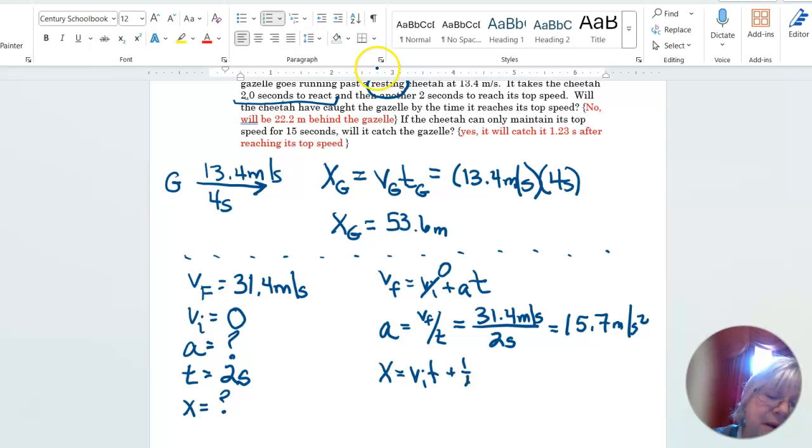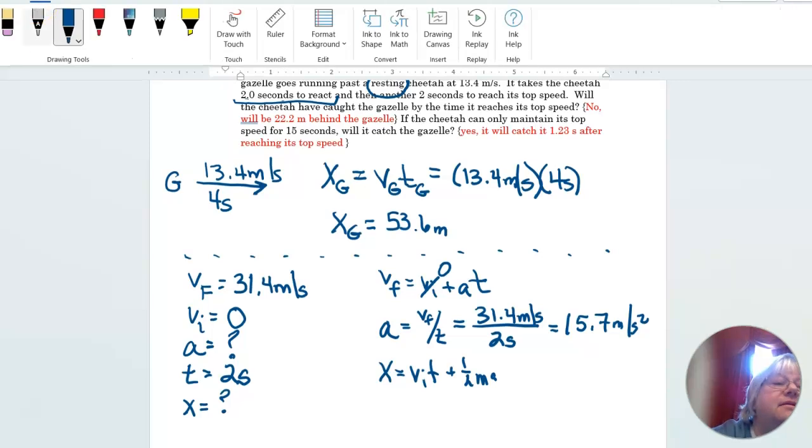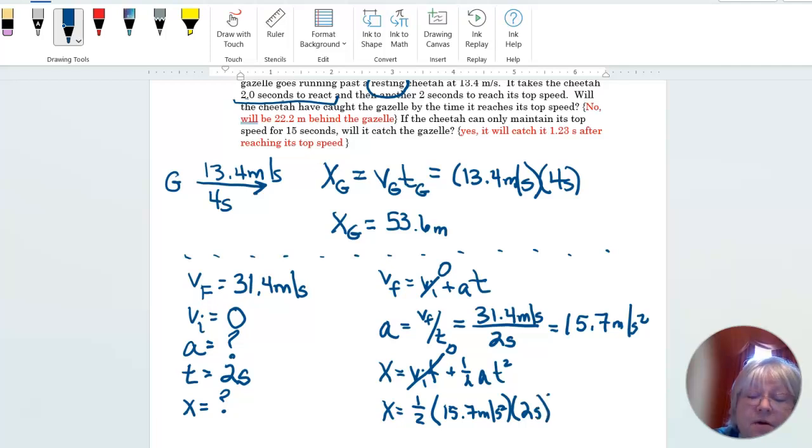The reason I'm going to pick this one is I know that my initial speed was 0, so it becomes a very easy equation to use. So my distance is going to be 1/2 my acceleration times my time squared.